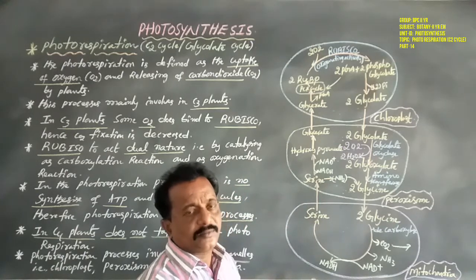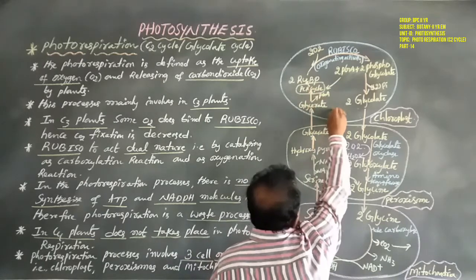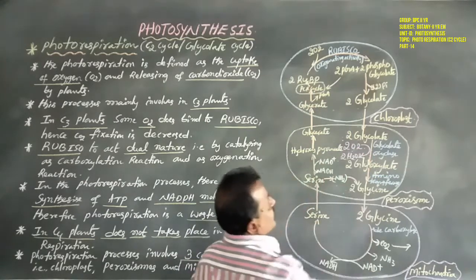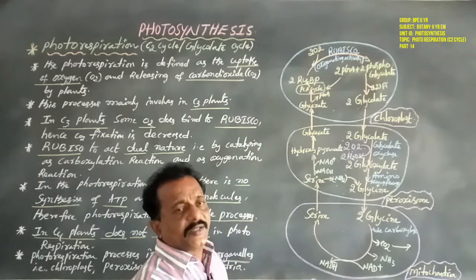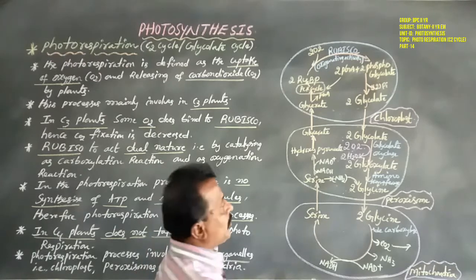Why? Because in the photosynthesis process oxygen is taken up. Hydrogen peroxide breaks down, splitting into water and oxygen.